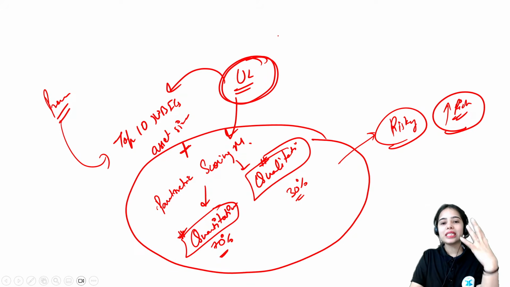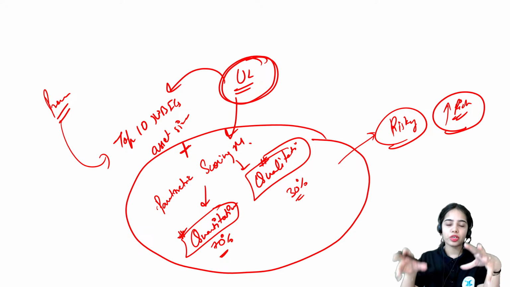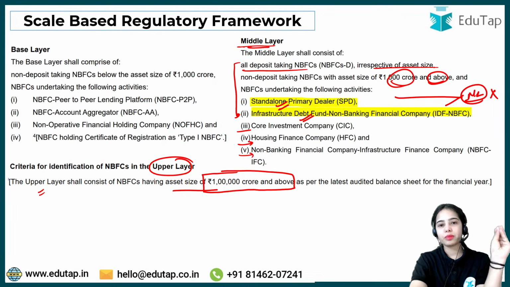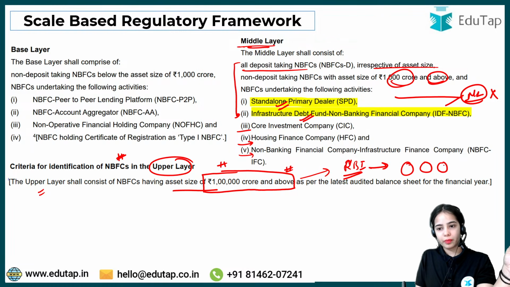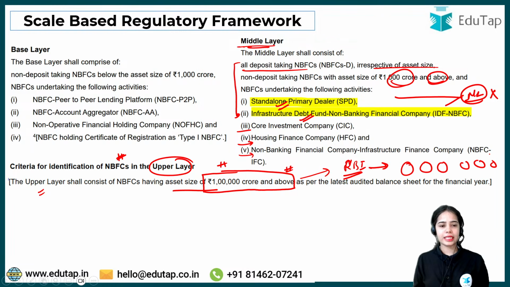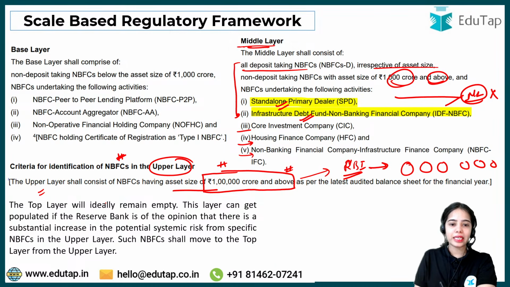But now these complicated parameters and this complicated structure have been removed. Directly it has been said that the upper layer NBFCs are those that have an asset size of 1 lakh crore and above, and they are identified by the RBI. Okay? And they are annually placed in the upper layer. So that is the idea. The upper layer shall consist of NBFCs having asset size of 1 lakh crore and above. Now the top layer will ideally remain empty.